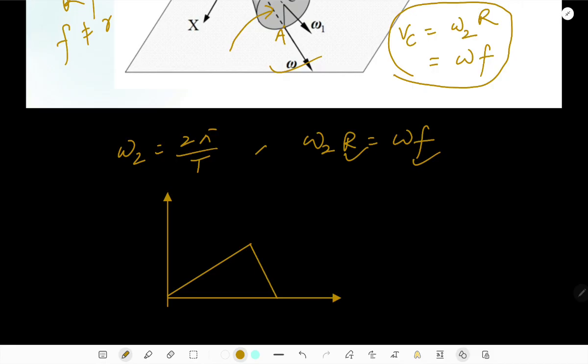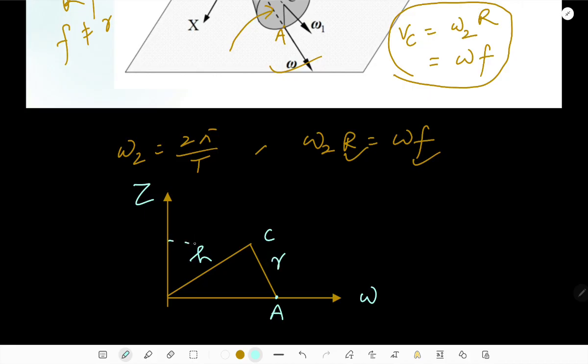Half of the cone I am drawing, because this is the center, this is the z-axis, and this is the surface. This is the instantaneous center of rotation, and this axis is the instantaneous axis of rotation. This is the center, this is the height of the cone, and this is the radius of the cone.